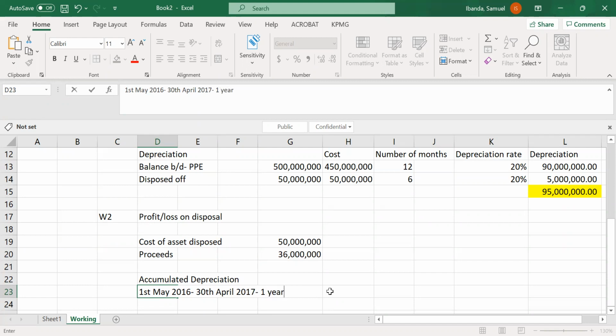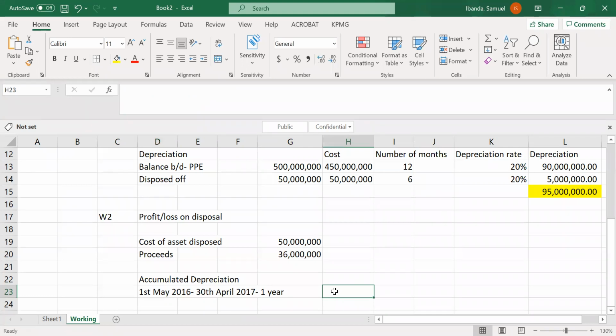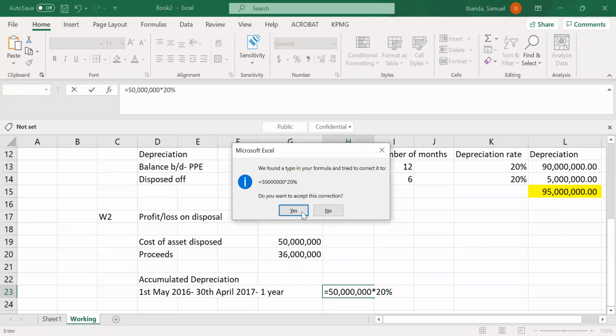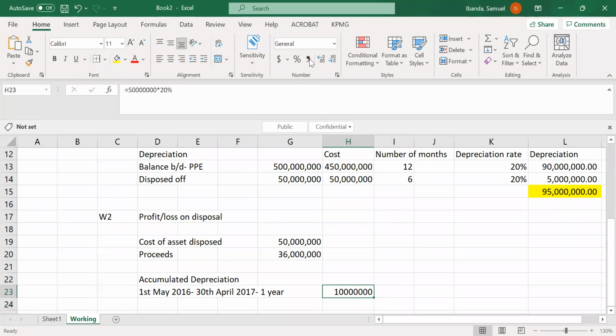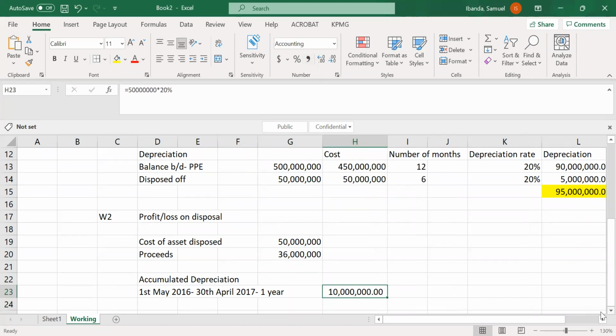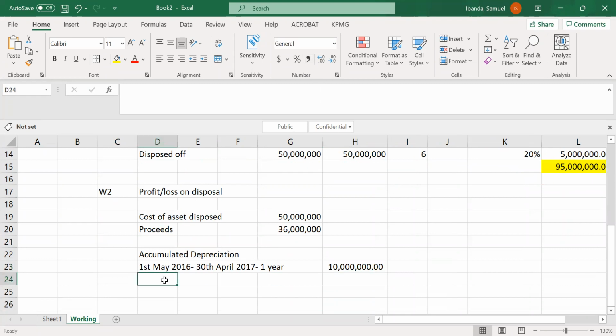So for this 1 year, it had full depreciation. If it was 50 million, this would be 50 million times the 20%, which gets you 10 million.